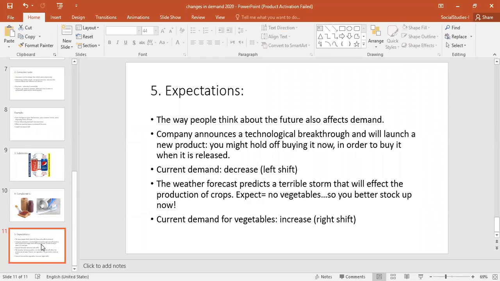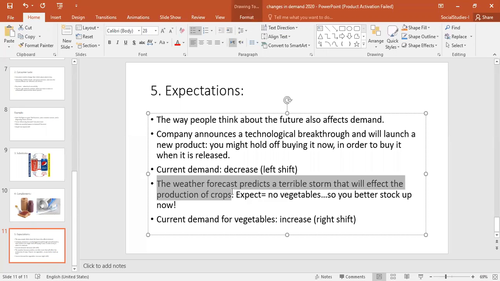The weather is also a big thing that causes our demand to shift. Say the weather forecast predicts that a terrible storm will come and affect the production of tomatoes. What are your expectations? Oh my God, in the next few months we're not going to have any tomatoes. So you better stock up now. You go and buy all the tomatoes you can and put them in your deep freezer, and save some for later.